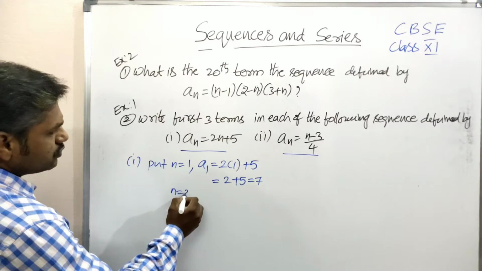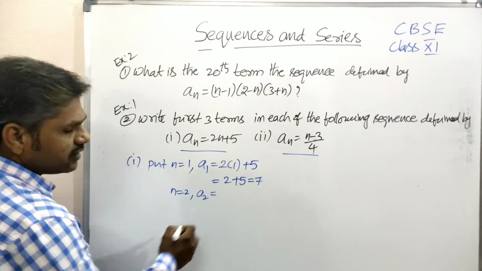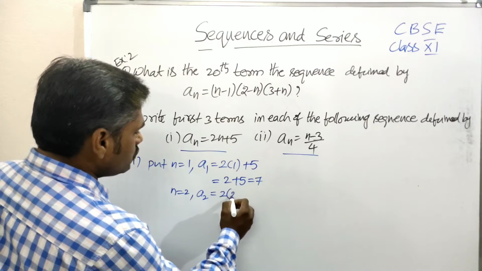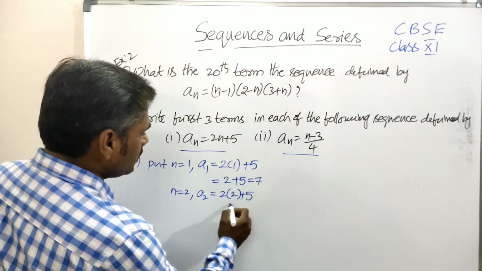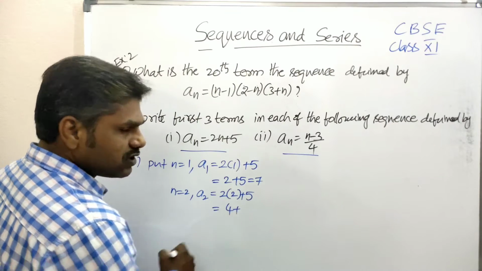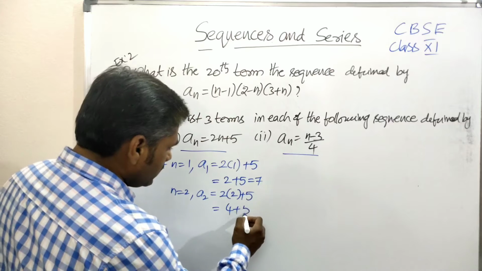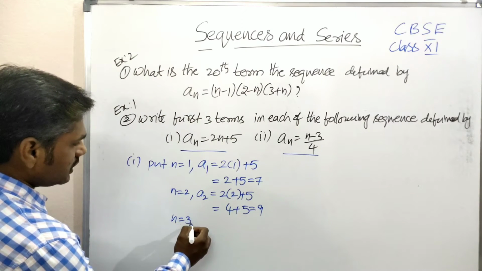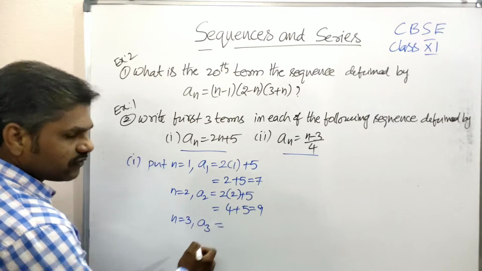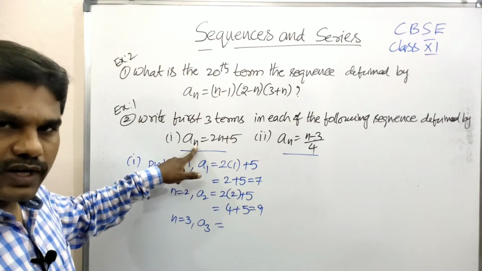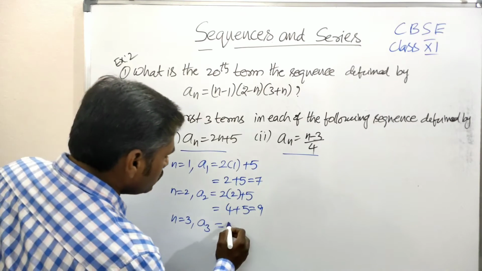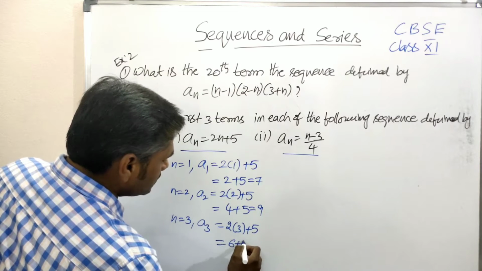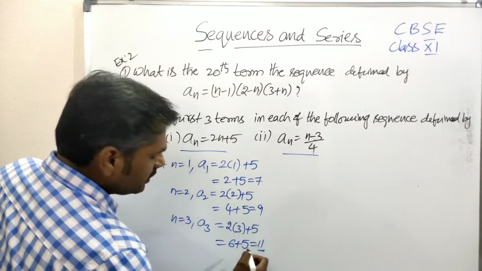If you put n equals 2, you will get the second term. In the nth term we have to put 2 into 2 plus 5, which is 4 plus 5, that is equal to 9. Next, n equals 3, then a3 will become 2 into 3 plus 5, 2 threes are 6 plus 5, that is equal to 11.